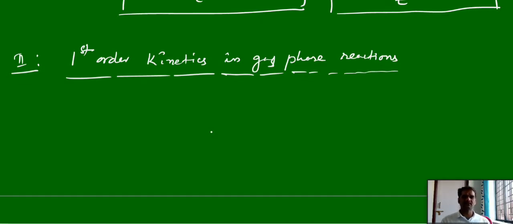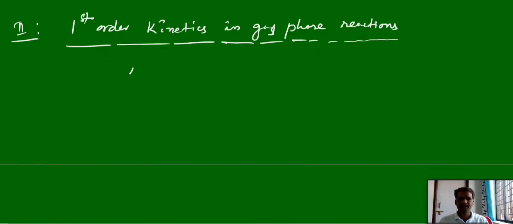When the partial pressures are given, how do we monitor the reaction? Let us take one basic reaction here: A gives rise to B plus C, two products, let us assume. And here we have three cases. We can study these gas phase reactions in three ways according to the data given.